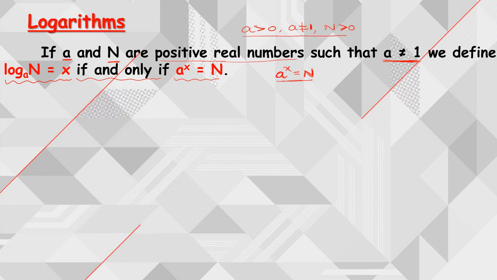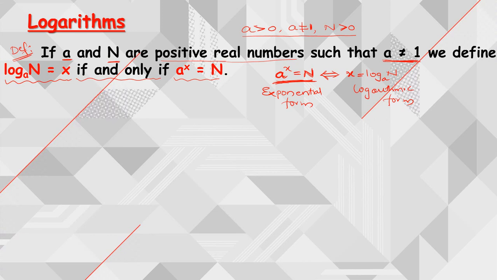If it follows these conditions, then we can represent this exponential form, which we have already discussed, as x is equal to log n to the base a. This is the logarithmic form, and this is nothing but the definition of a logarithm.